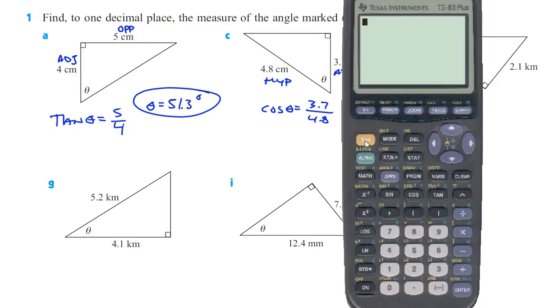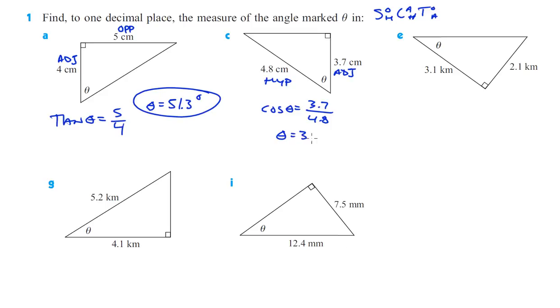Okay, so second cosine of 3.7 divided by 4.8 gives us 39.6 degrees. Okay, and again, that looks fairly reasonable.